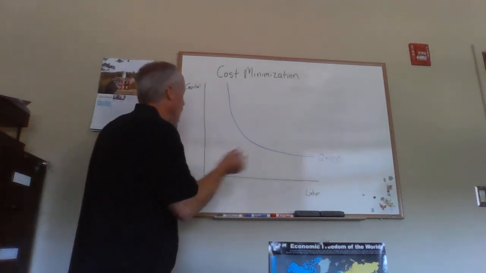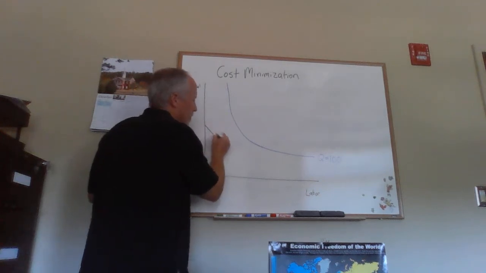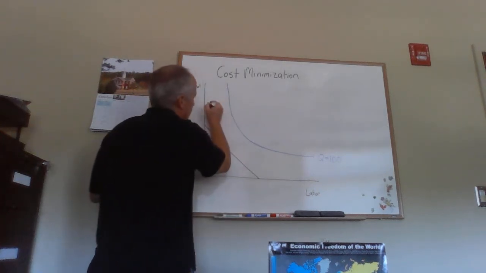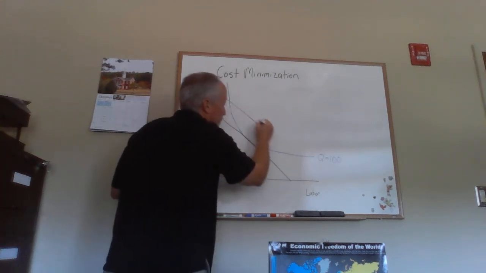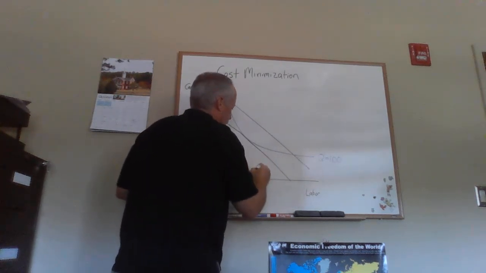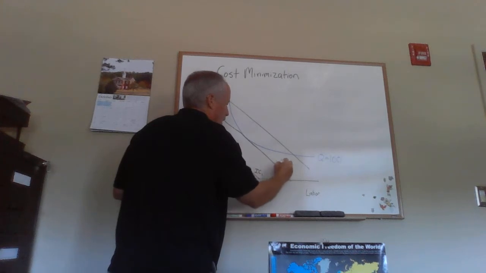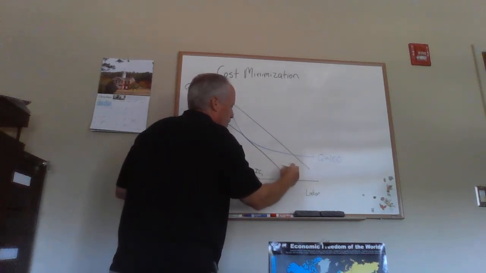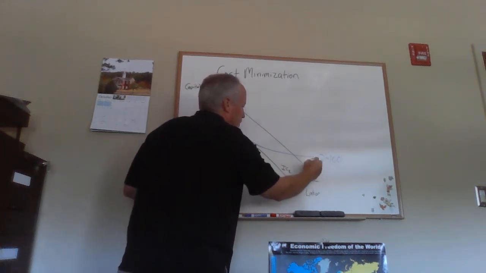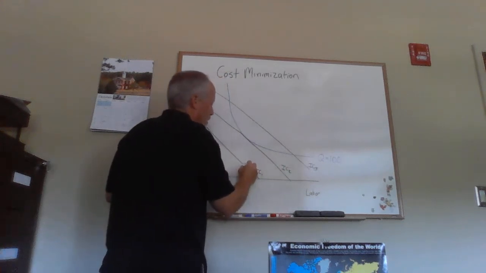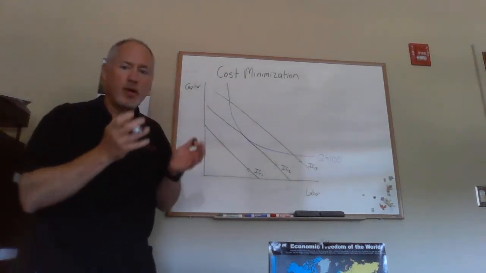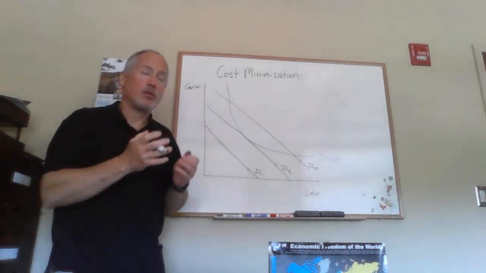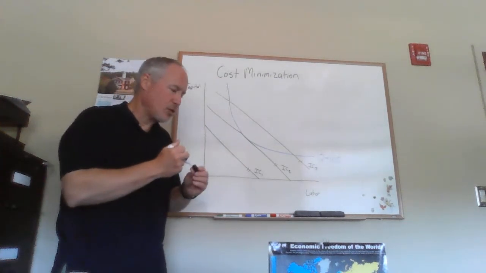I will draw several in here now, and label them. We're not going to vary the prices of labor or capital, so the slope of these isocosts will be the same.